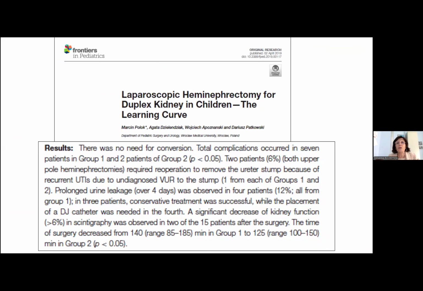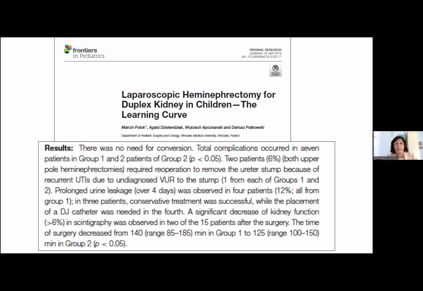And I want to show also this paper published by our friend Darius, where they found almost the same incidence of complications reported in the previous literature. So about 12% of prolonged urinary leakage and less than 6% of reduced function.